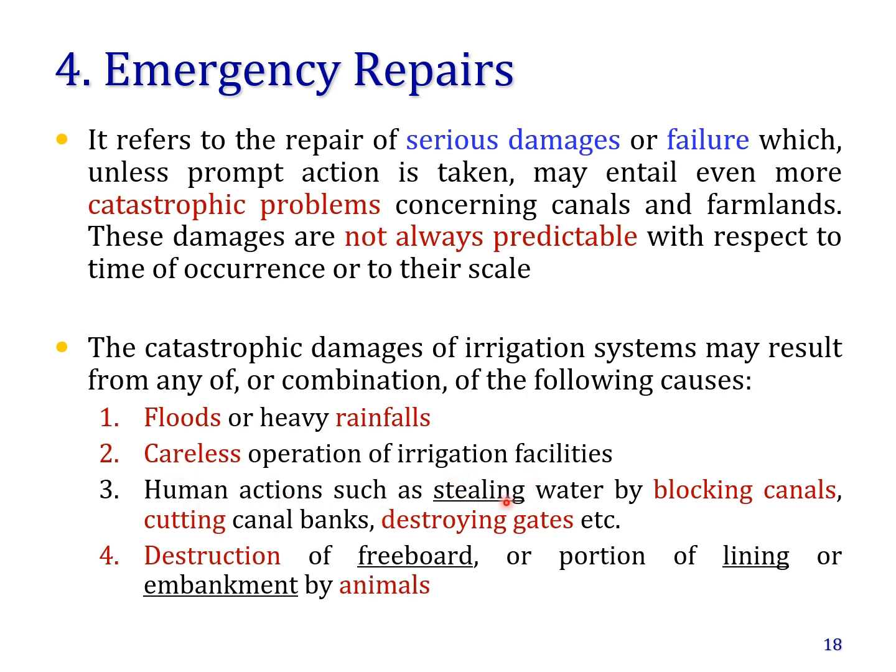Human actions such as stealing by blocking the canal, cutting canal banks and destroying gates damage the canal. Stealing is something not very uncommon, and during stealing people damage the canal. Last one is destruction of the freeboard or portion of the lining or embankment by the animals.